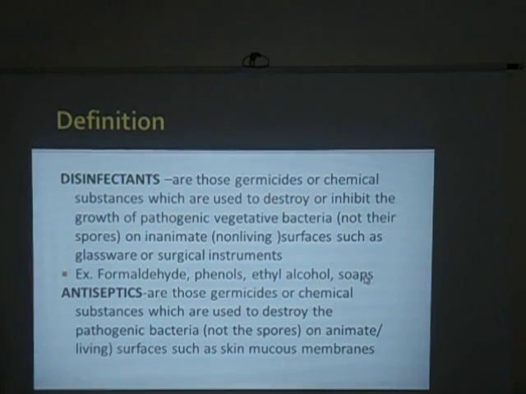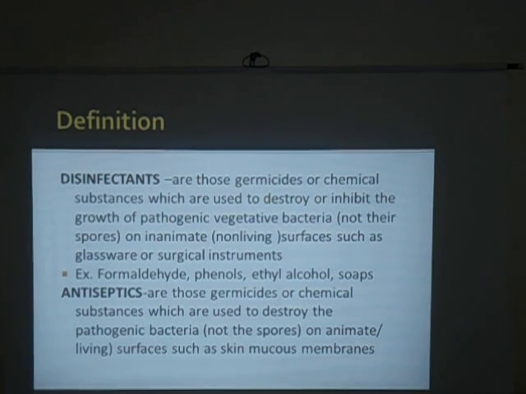Commonly we have seen phenol and ethyl alcohol in our setup. So then coming to the term antiseptics. What is the common liquid we use in homes? Dettol. Then the newer one is Savlon and Dettol. You can also use alcohol.